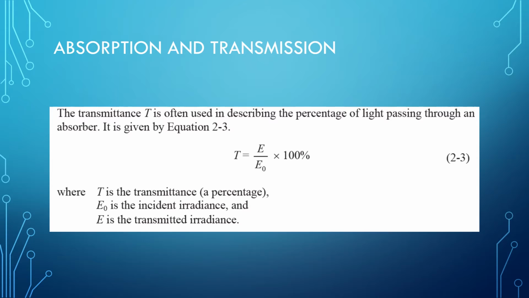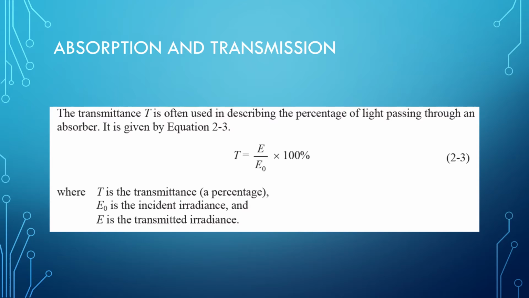Then I can look at transmittance, which is used to describe the percentage of light passing through the absorber, and it is given in equation 2-3, which is shown here. My transmittance T is equal to E, the transmitted irradiance, divided by E0, the incident irradiance, times 100%.